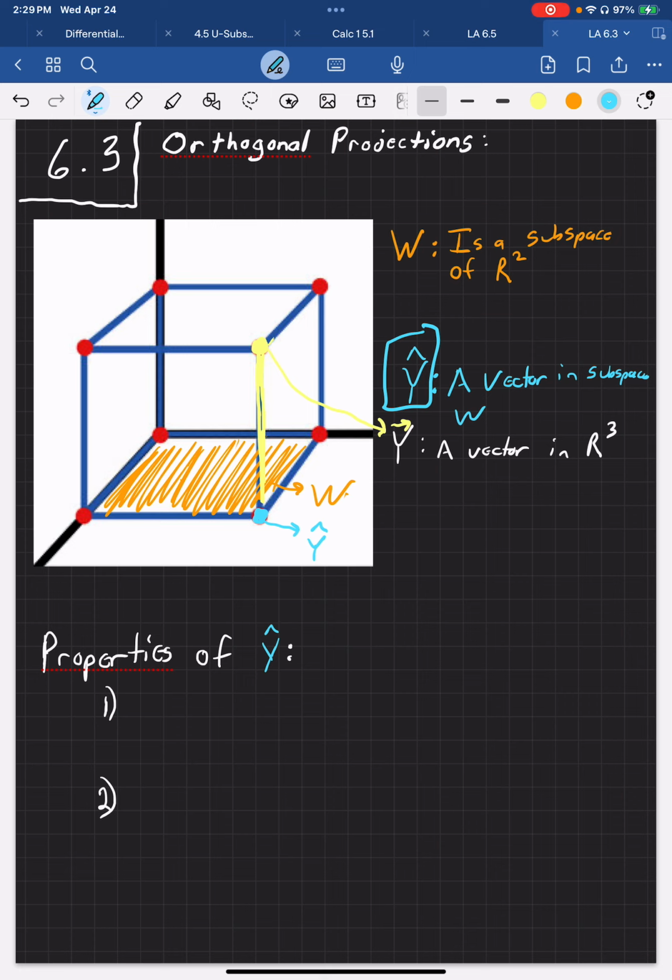Well, we would say that if you were to take vector y minus y hat, which we're going to give a name in just a second, this is orthogonal to the entirety of subspace W.